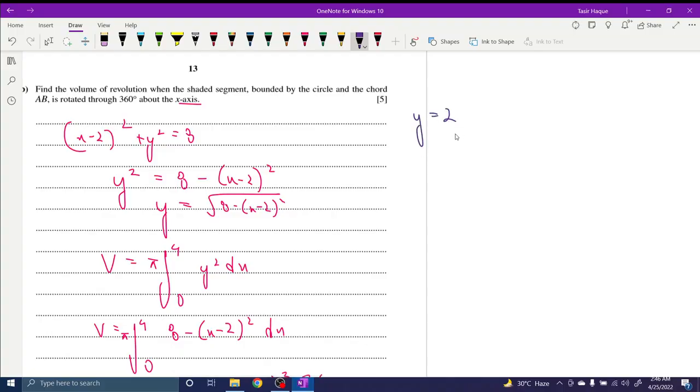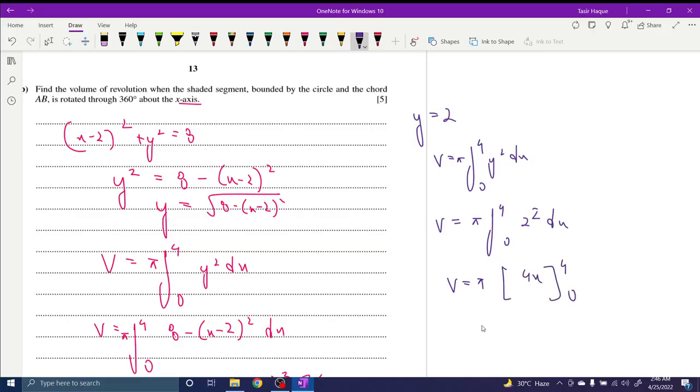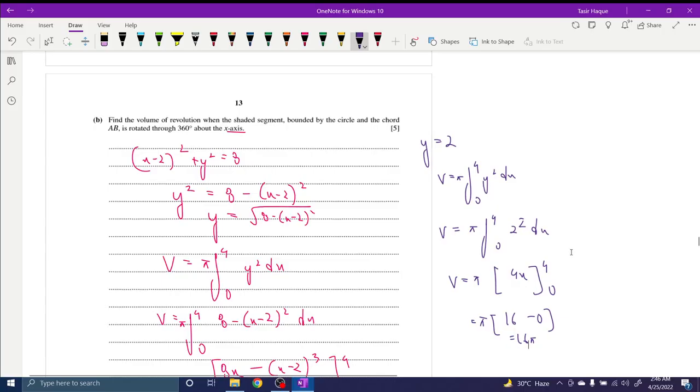The equation is y equal to 2, and volume is equal to integral pi y squared dx. So pi integral from 0 to 4 of 2 squared dx gives V equal to pi times 4x from 0 to 4, so pi 16 minus 0. That's 16 pi.